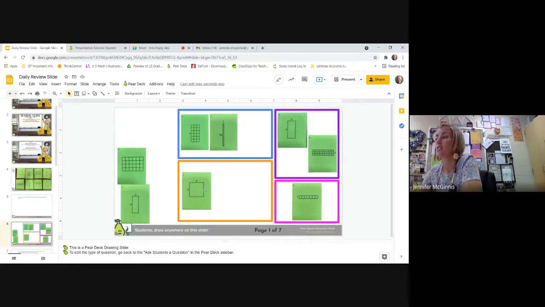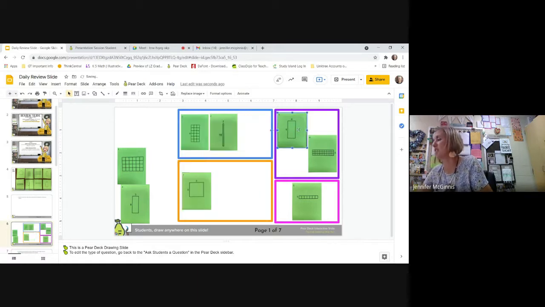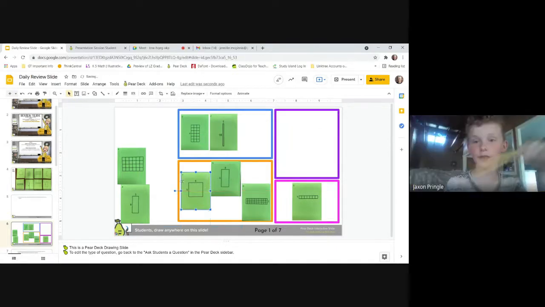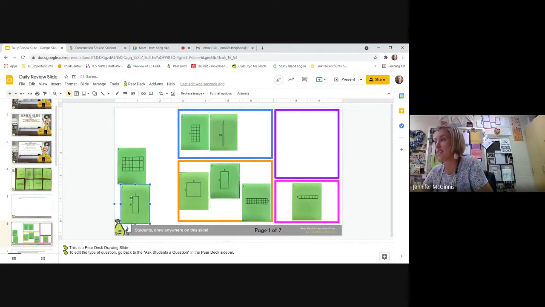What's the area of this one? 36. Where do you want these to go, Brentley? Yeah, let's put these down here. So then the 24 might go in the purple box. Good job, Jackson. So Jackson wants 24 in this purple box. Are we cool with that?